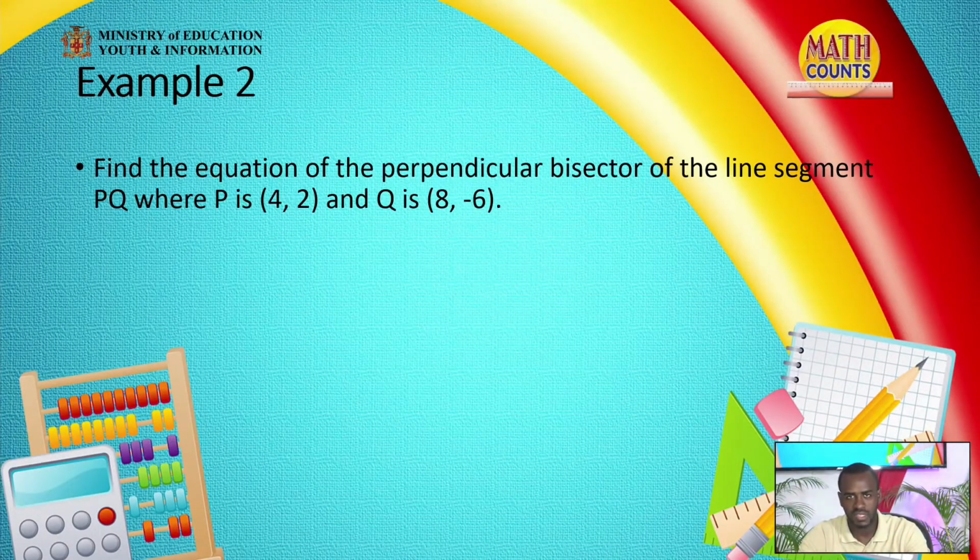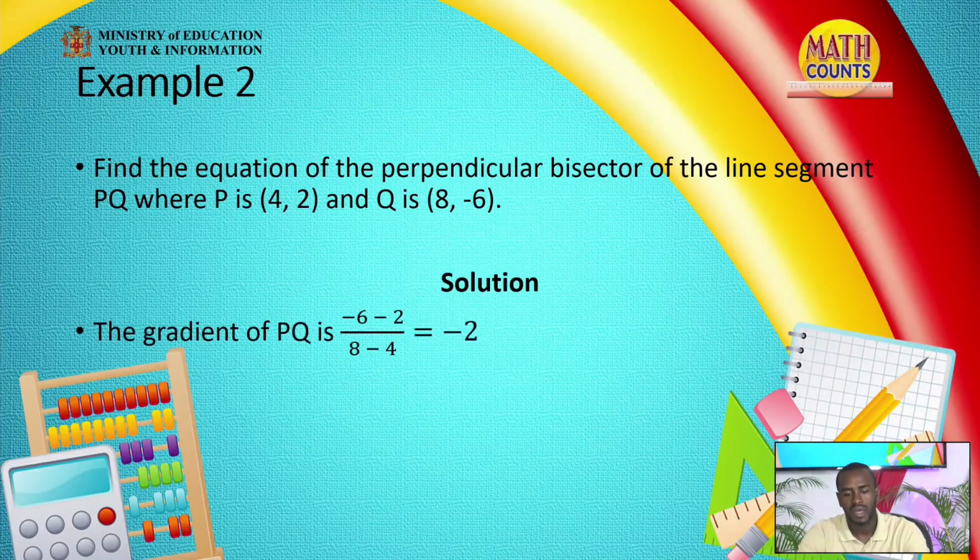Please note that you have 2 points. Since you have 2 points, then you can go about finding the gradient of these 2 points. And the gradient after calculation is negative 2. Keep in mind that your gradient is your rise over your run.